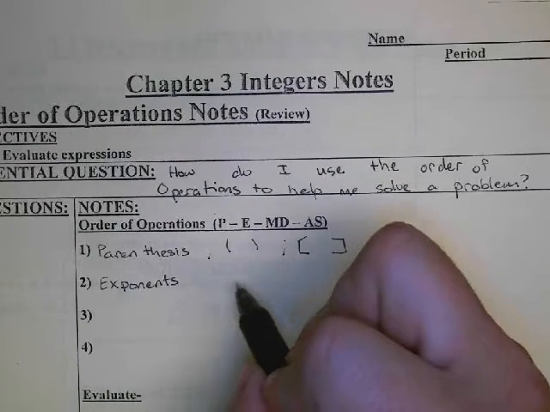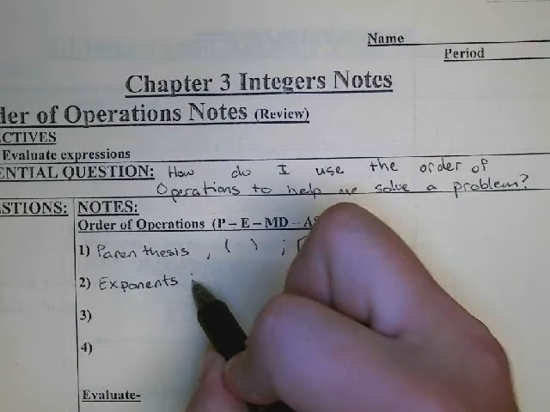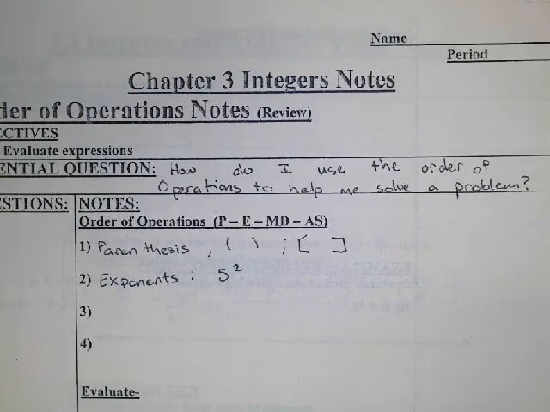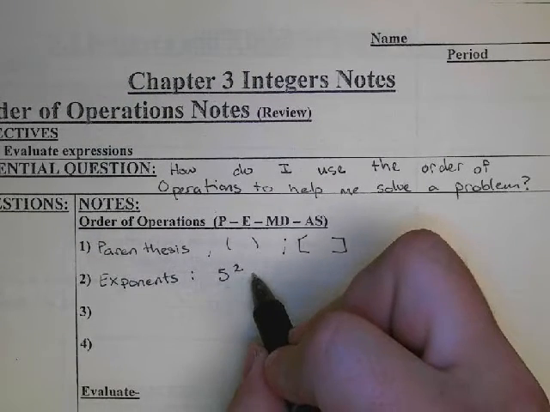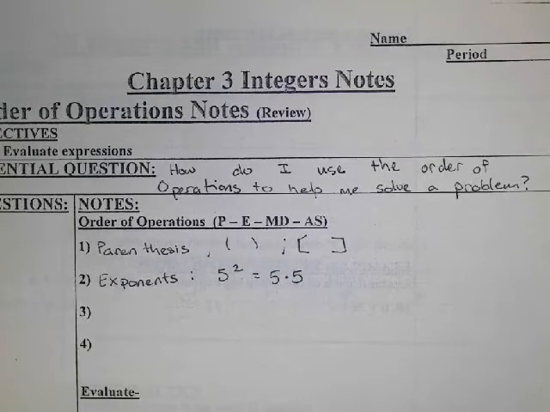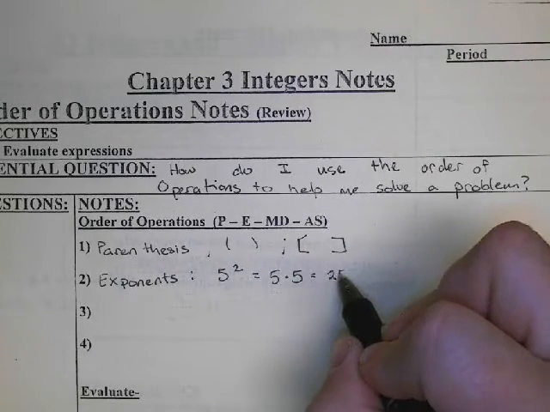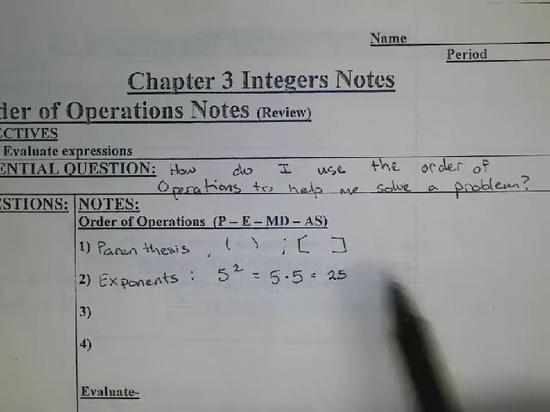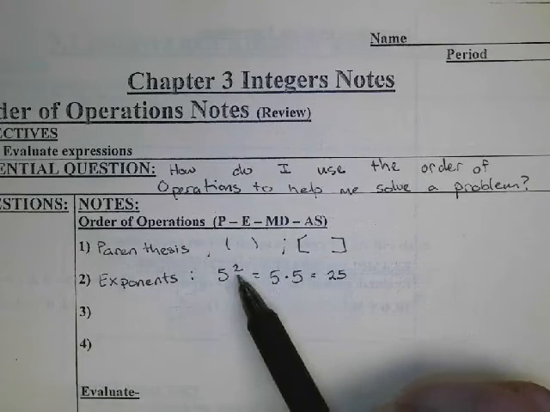So for example, I might have something like 5 squared. 5 squared being the same as 5 times 5, and then we'd simplify that to be 25. So whenever we see an exponent, we're just multiplying a number by itself that many times.